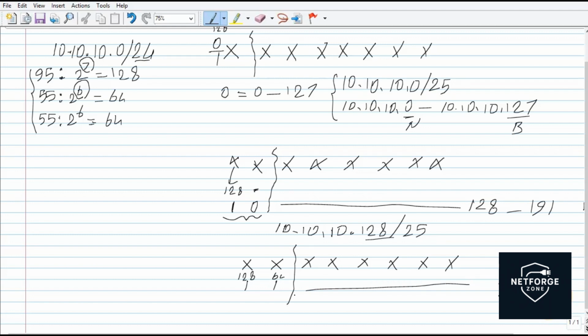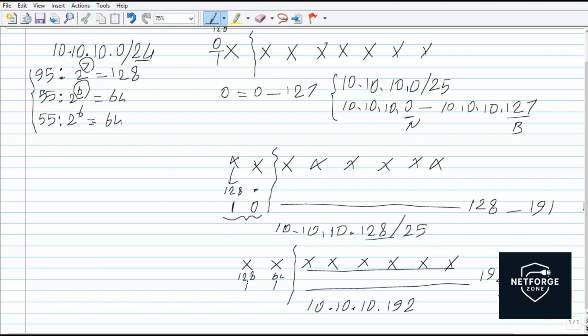So the starting IP address, assuming that all of these are 0, is going to be 192. And assuming that all of these are 1, it is going to be 255. So it is going to be 10.10.10.192.